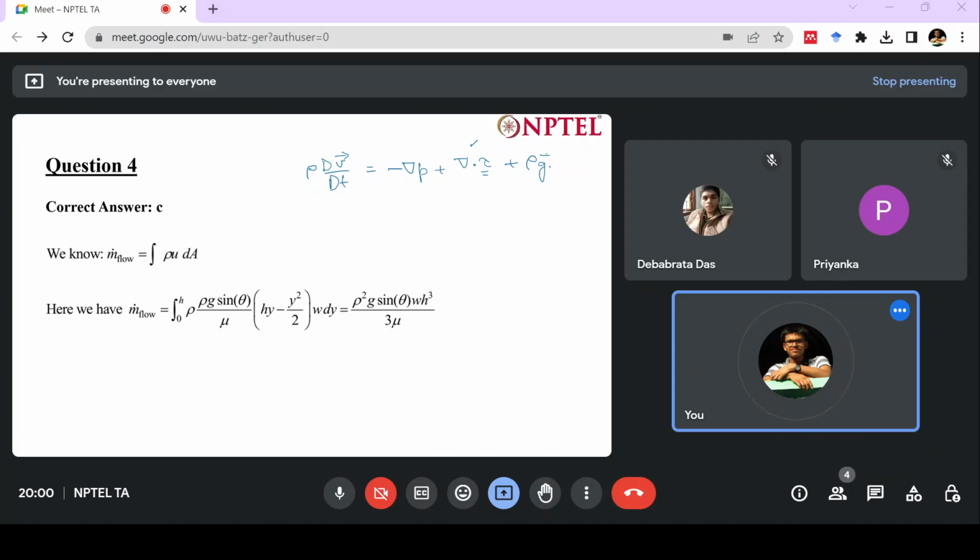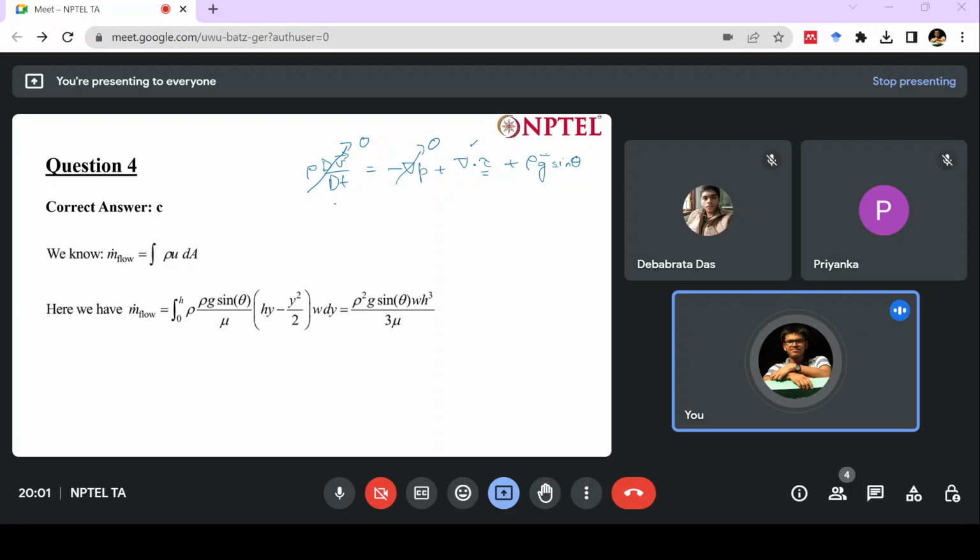So in this case, you will have rho g sin theta, which is acting along the slope. You don't have a pressure gradient, so this term will go away. The reason this term goes away is a little bit non-trivial.